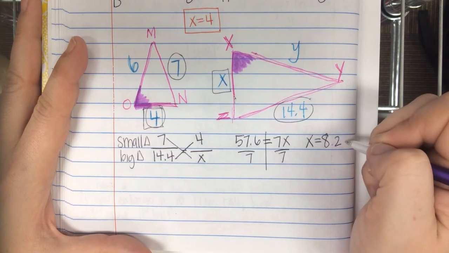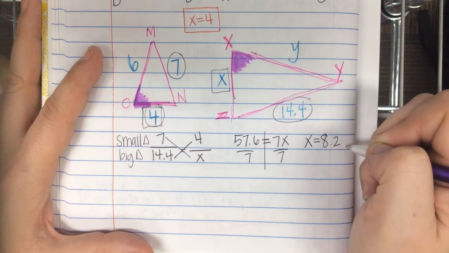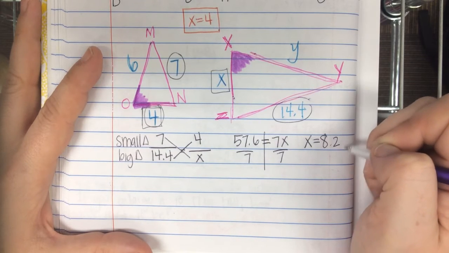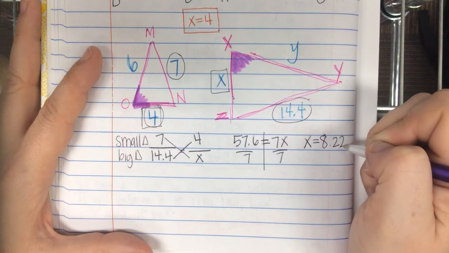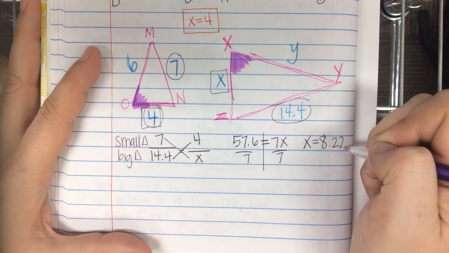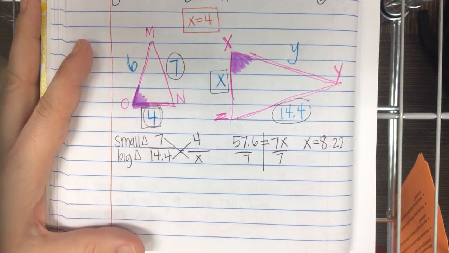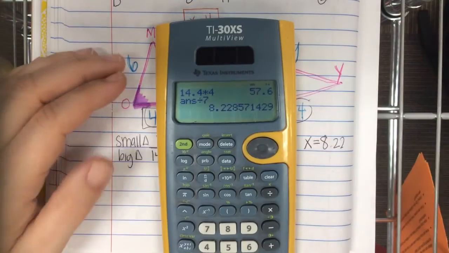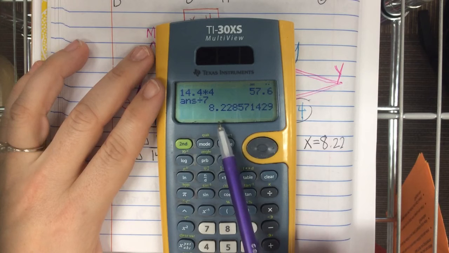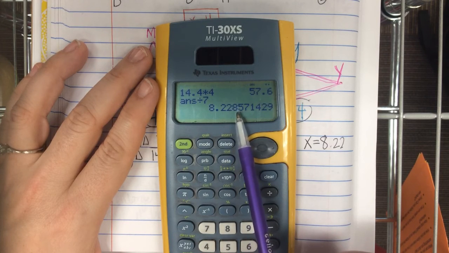Give me 2 decimals. I look behind the second 2 because I went 2 decimals, and I have an 8.